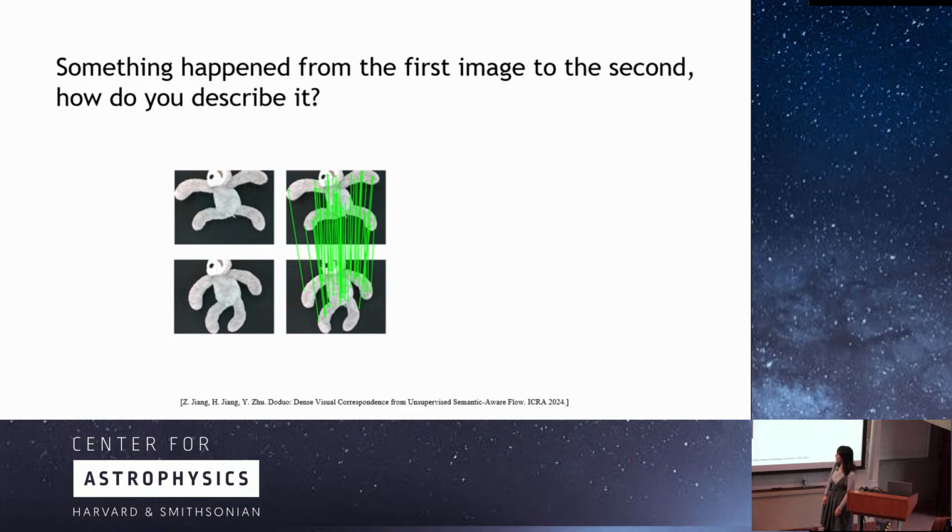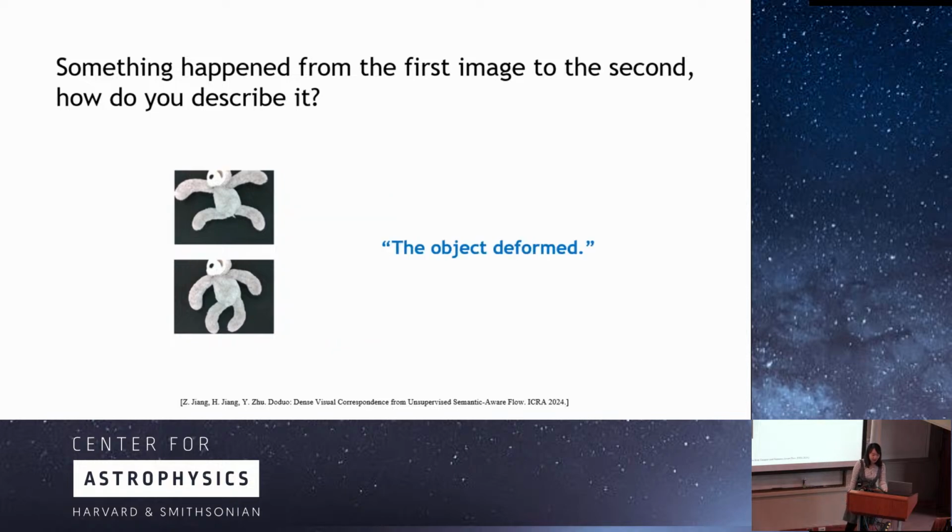Most neural networks can give you such an estimation, for example, of correspondences or the transportation of the points. However, if you ask a human to process this data for you and to summarize what's happening, a human will not directly give you such a low-level description. What a human will usually answer is: the object deformed.